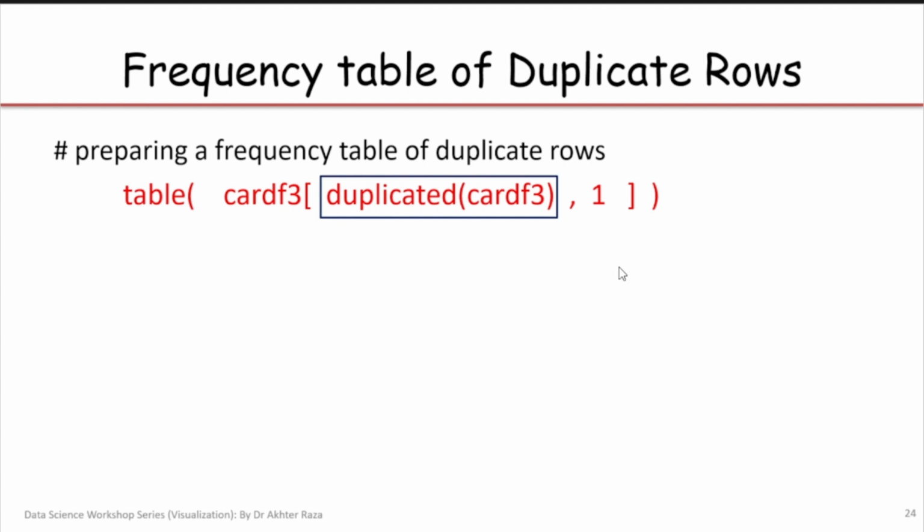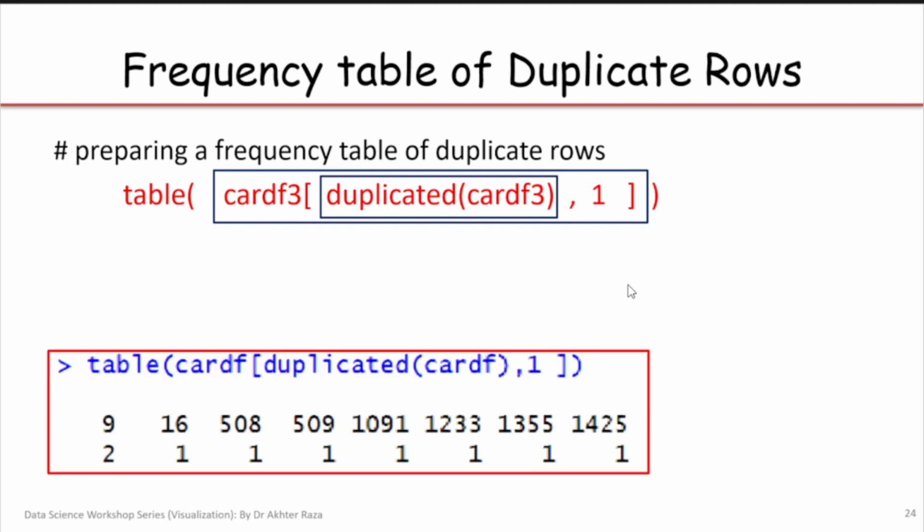By the table command, with the cardf data frame, duplicated rows, and the data frame name used again here, column number 1, which is the car ID. So if a car has ID 7, and we have 2 times the car 7, then column number 1 indicates duplicated rows, right? The next step is to remove the duplicated rows. This is the output of the table command.